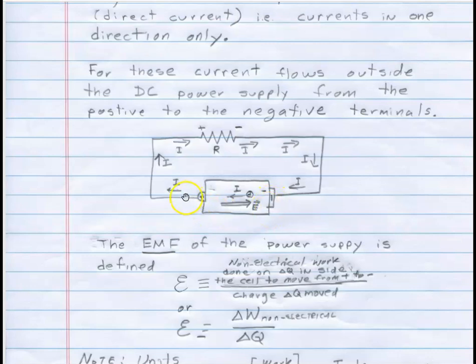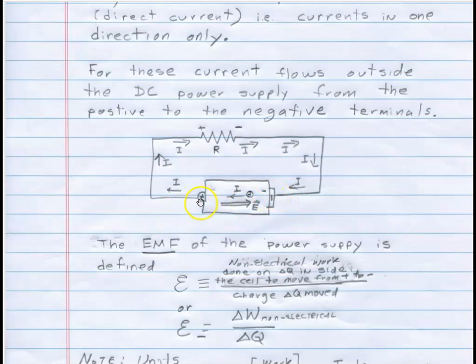By convention, the current produced by this battery flows from the positive terminal, in this case through a resistor, and then back around to the negative terminal. External to the power supply, or in this case the cell, the current naturally flows from high potential to low potential.